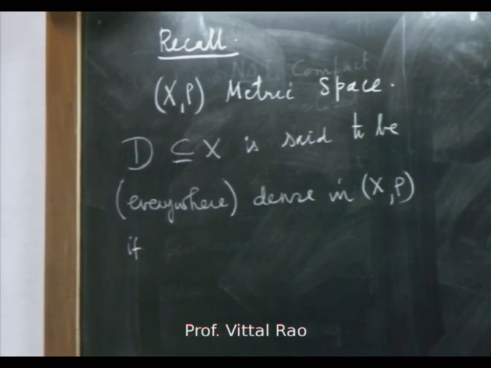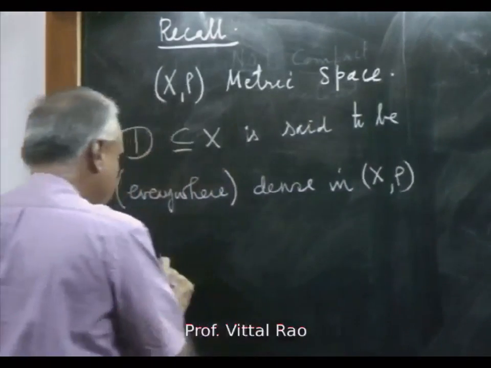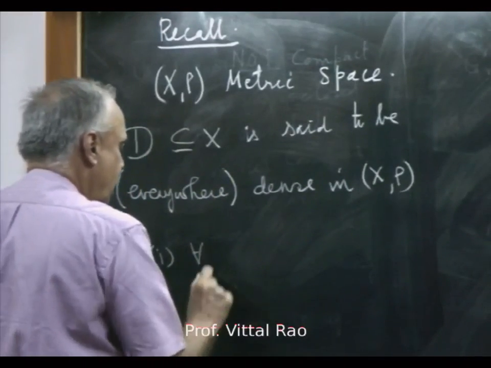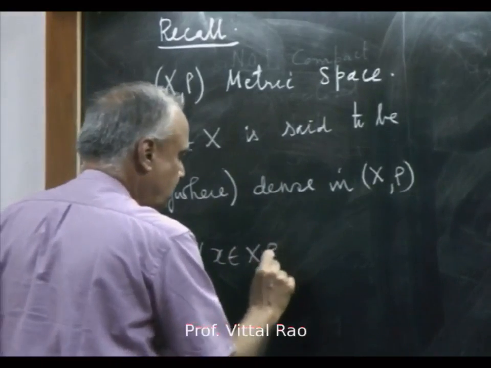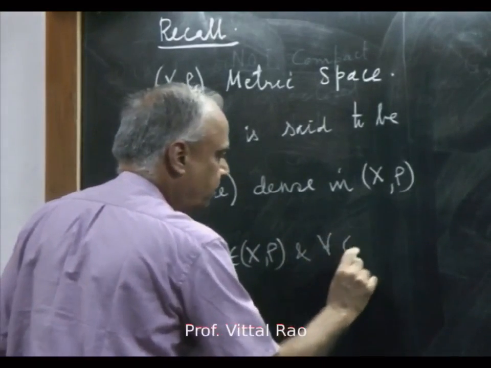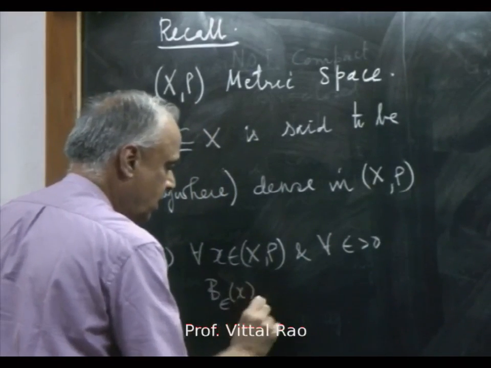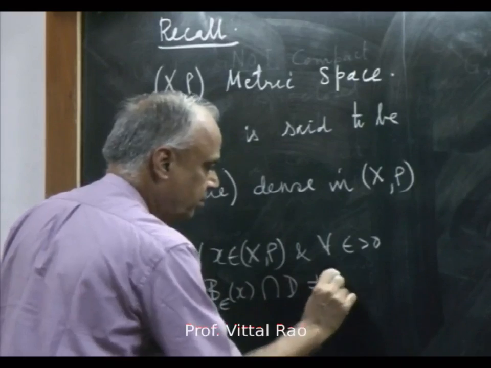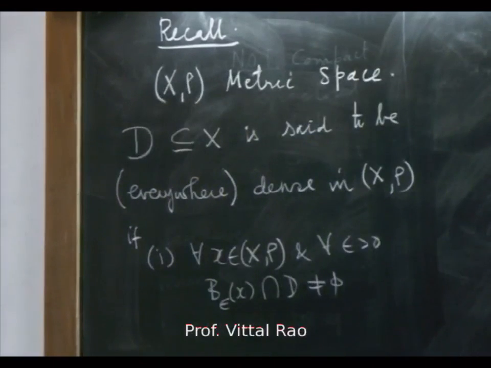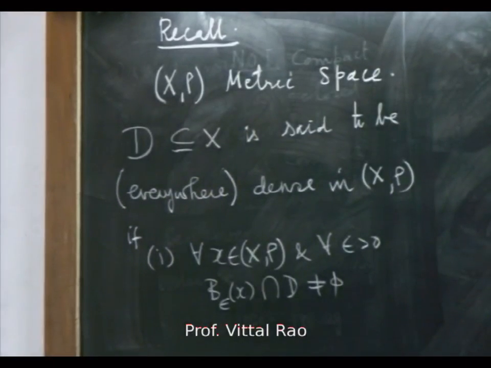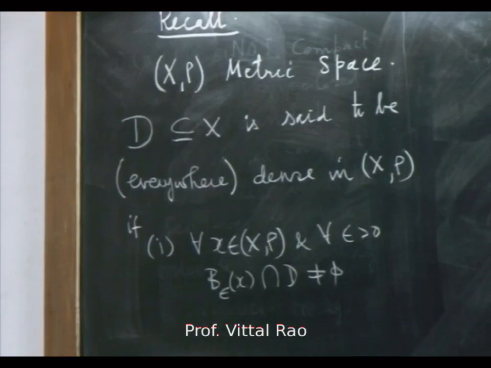We can put it in many ways. One, for every x in X and for every epsilon positive, B epsilon of x, with any center and with any radius, you find a point of D inside. In other words, everybody is approximated as closely as possible.